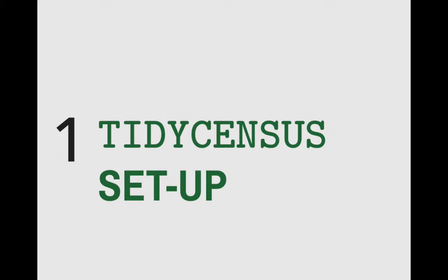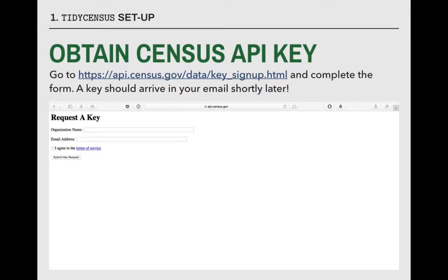It does require a setup process, and that setup process is due to the fact that it needs an API key. That API key can be obtained from the Census Bureau. You enter your information, you should get an email pretty quickly afterwards with a very long string of letters and numbers. API stands for Application Programming Interface.